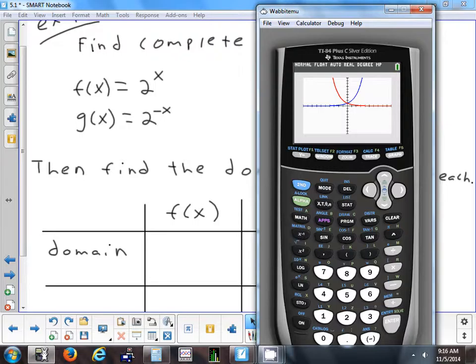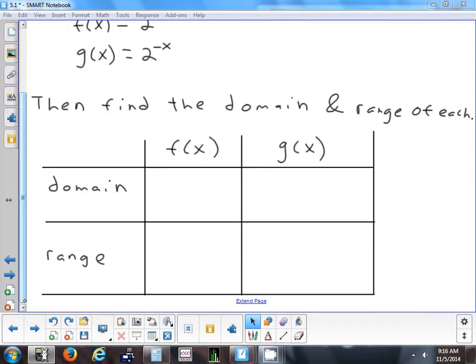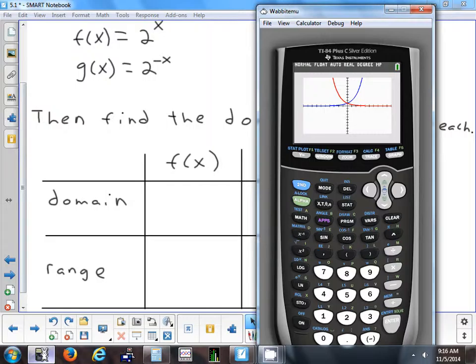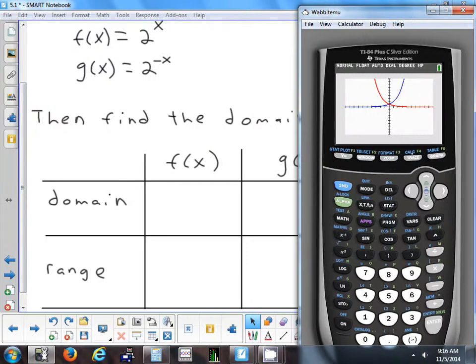All right, so let's look at the domain and range. Okay, let's start with f of x. Okay, so f of x was 2 to the x. And that was the function in, I think that one was blue. Yep. What's the domain of the function in blue? About Michael?